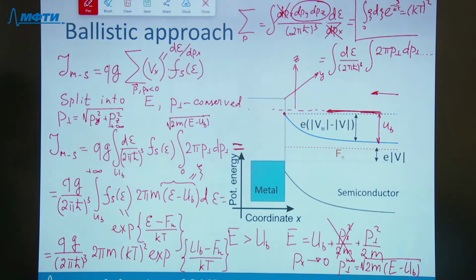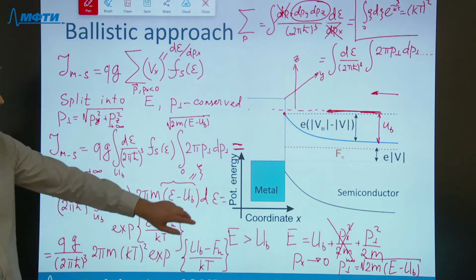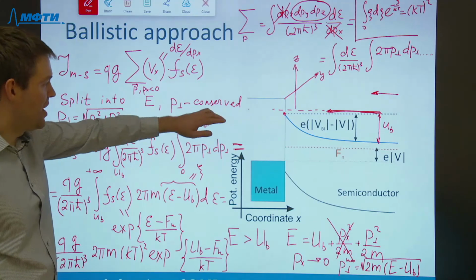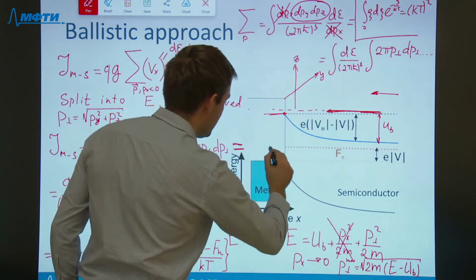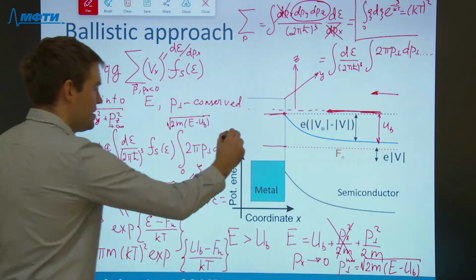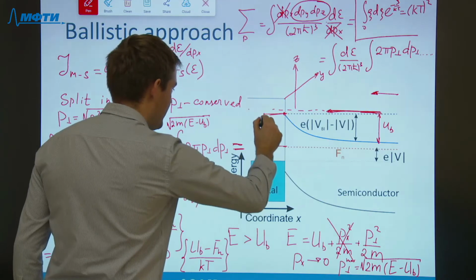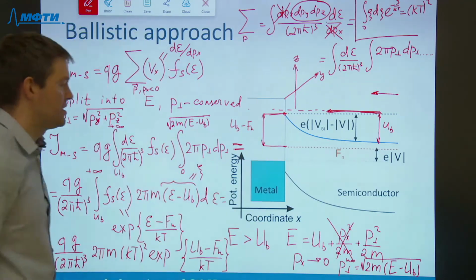We can further simplify this expression, and realize that under the exponent we have nothing but the difference between this level and this level: barrier height minus Fermi level at infinity.